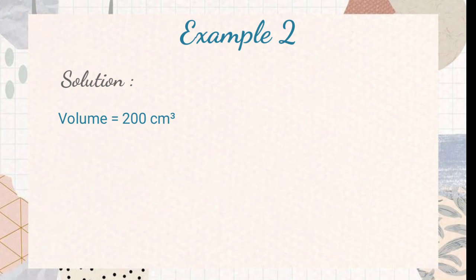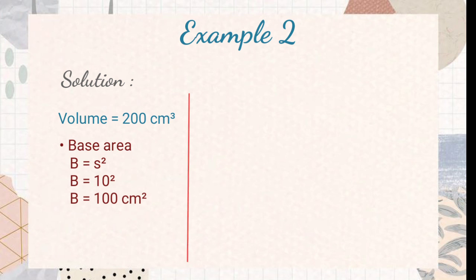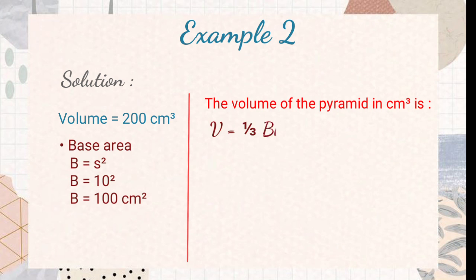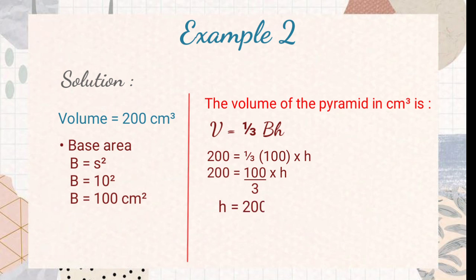Okay, since the area of the base is B equals 10 times 10 equals 100 square centimeters, then the volume of the pyramid in cubic centimeters is volume equals 1/3 times B times H. Because we know the volume is 200 cubic centimeters, we get 200 equals 1/3 times 100 times H. Then 200 equals 100 divided by 3 times H. To find H, H equals 200 times 3 divided by 100.